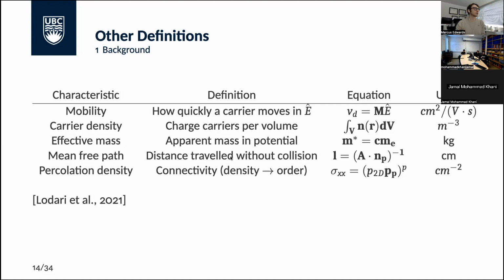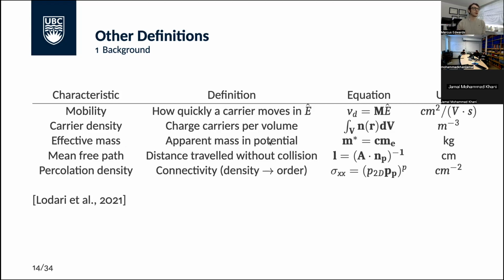The carrier density is the number of charge carriers per volume. The effective mass is the apparent mass in the potential, and this potential is the potential created by the material itself. So this is like the apparent mass of a particle traveling through the material. And that means we don't consider the actual mass m_e of our particle when we're writing dynamical equations.